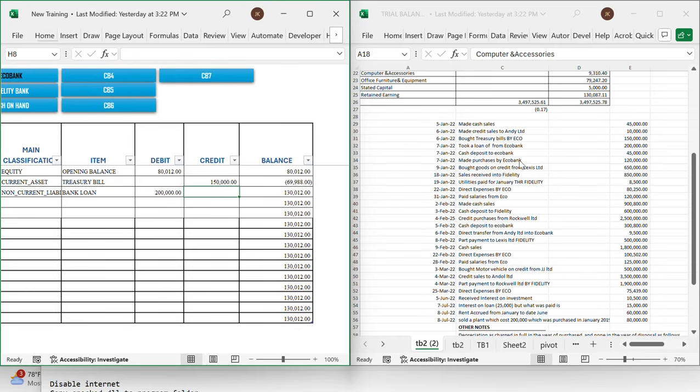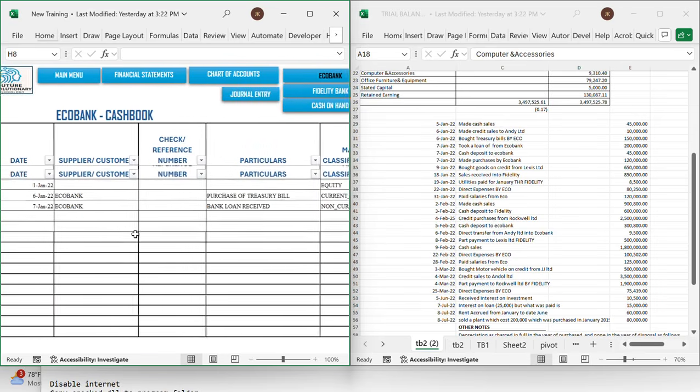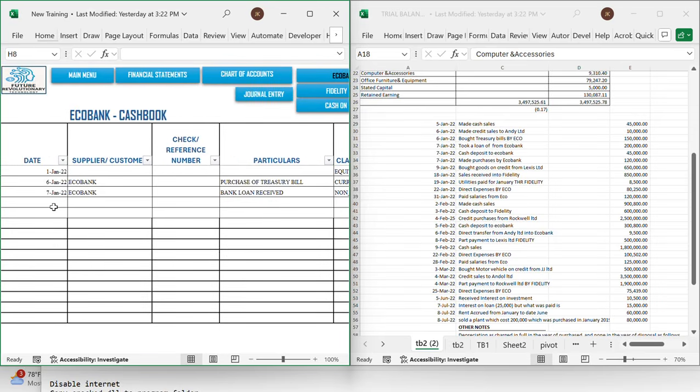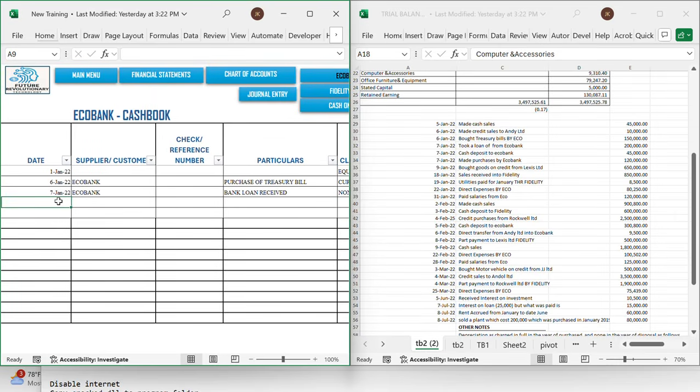So here EcoBank, it is an intra transfer contra entry. EcoBank is receiving, cash is given out. So we are going to debit EcoBank and then we credit cash. So for this single transaction, you need to enter it twice, right?